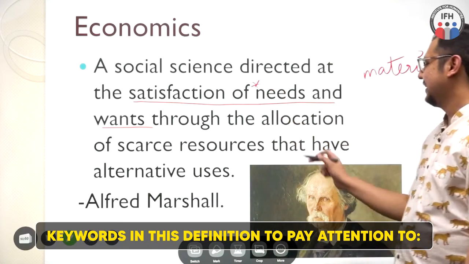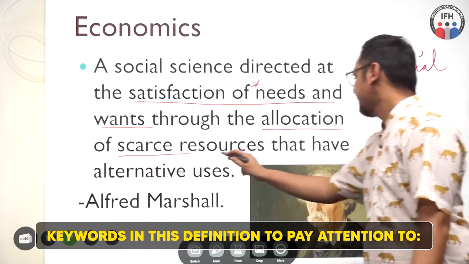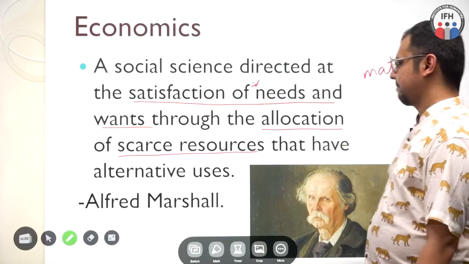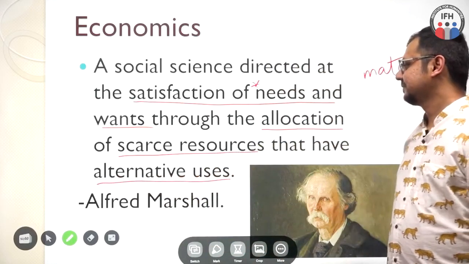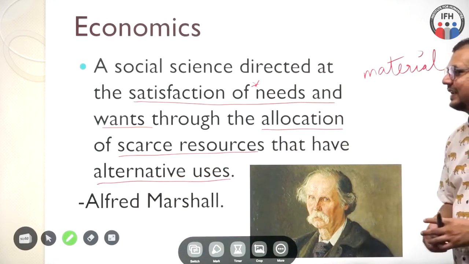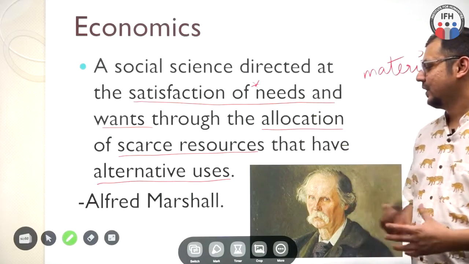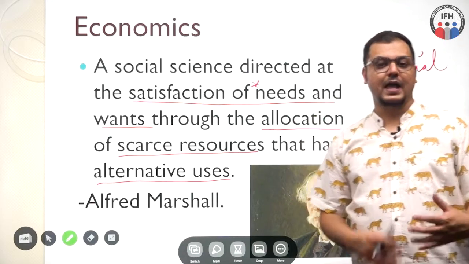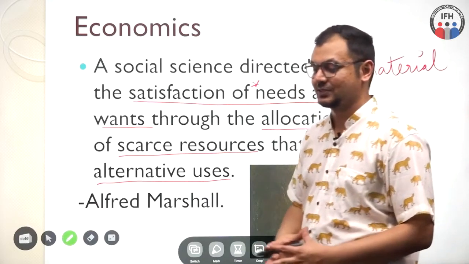Through the allocation of scarce resources, all of which have alternative uses. Right? So each of these is very important to understand, and we will break down each of them one by one and then help us understand maybe all of the questions that economics looks to answer.